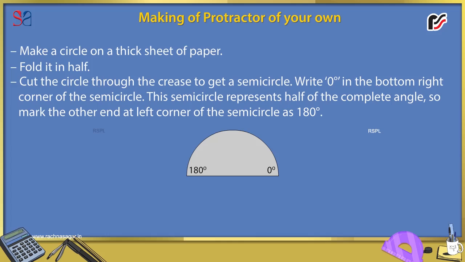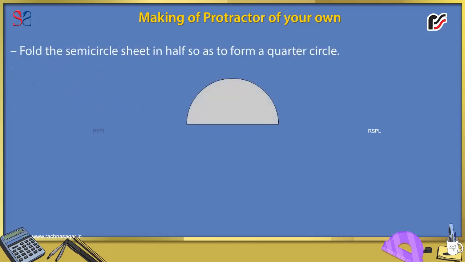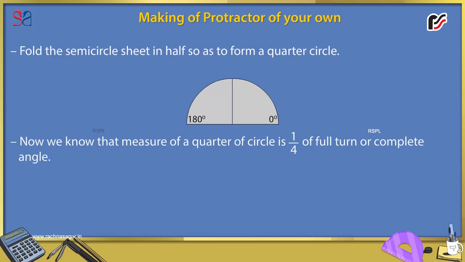Fold the semicircle sheet in half so as to form a quarter circle. Now we know that the measure of a quarter of a circle is 1/4 of a full turn or complete angle. Therefore, 1/4 multiplied by 360 degree is equal to 90 degree.